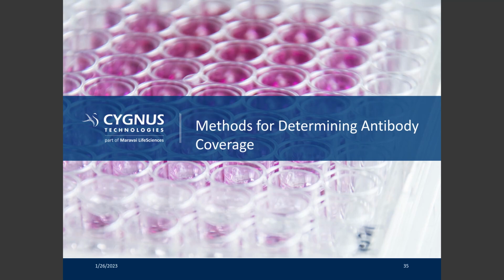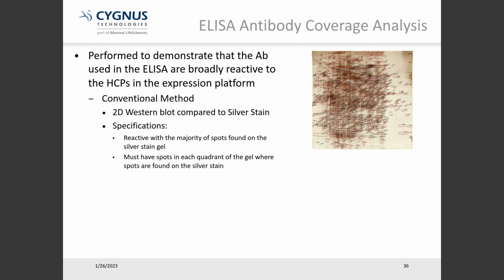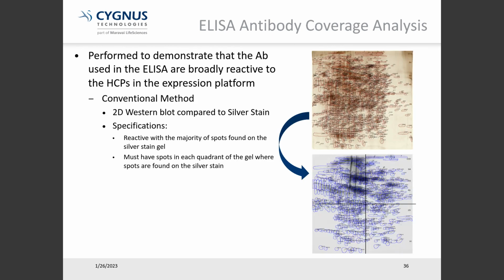So the first is coverage analysis, and we'll do a little bit of a history lesson for coverage analysis. When we first started doing host cell protein monitoring with ELISAs, we were really doing it as a process monitoring tool. In the early days, there wasn't a lot of thought given to the fact that host cell proteins could potentially be problematic. And we weren't doing this very long before we realized that wasn't true.